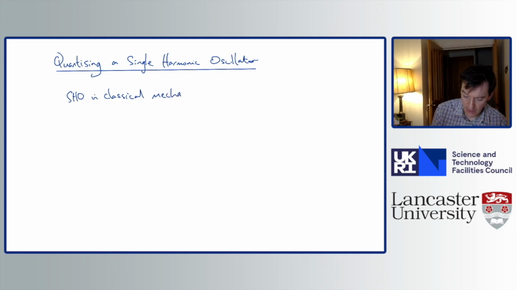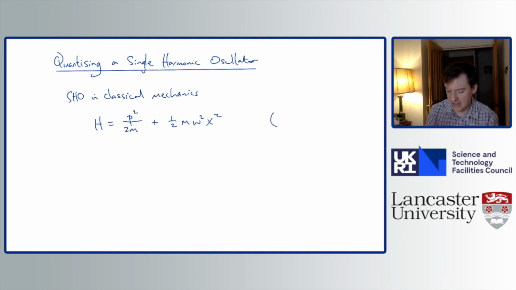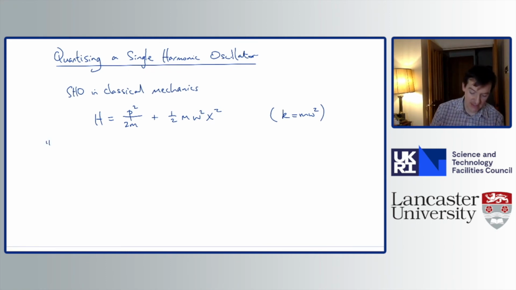The Hamiltonian is a function of momentum p and the coordinate x: H = p squared over 2m plus a half, and I'm going to write it as m omega squared x squared. Previously we used the spring constant k. Here k is going to be related to m omega squared. That's the classical Hamiltonian. We want to quantize it.